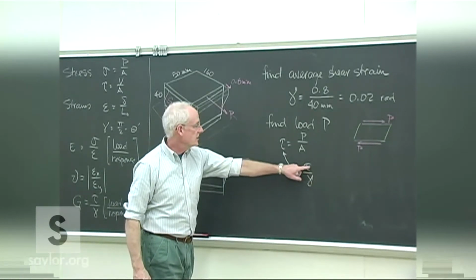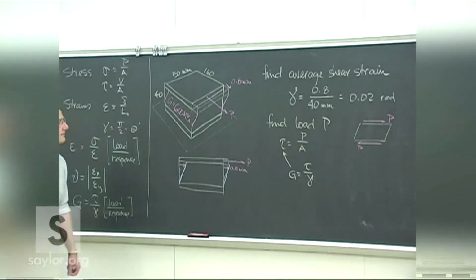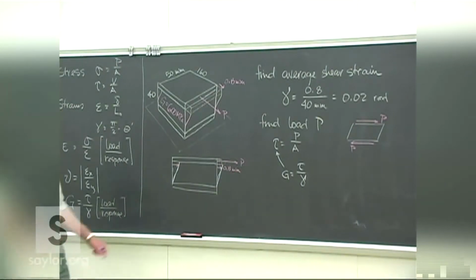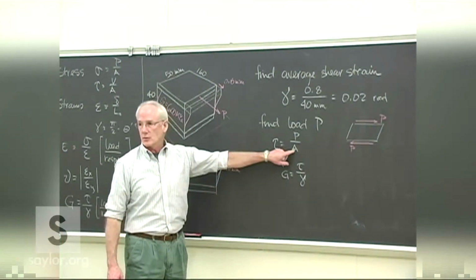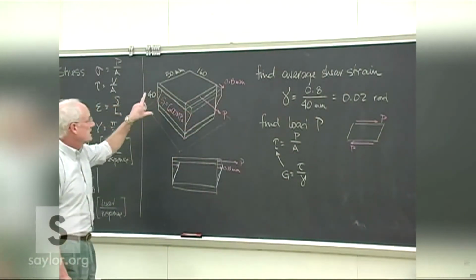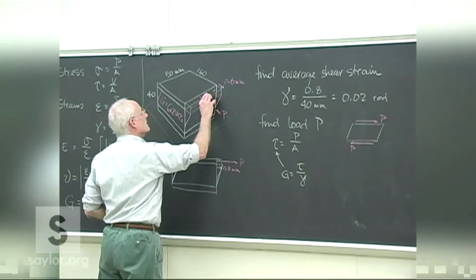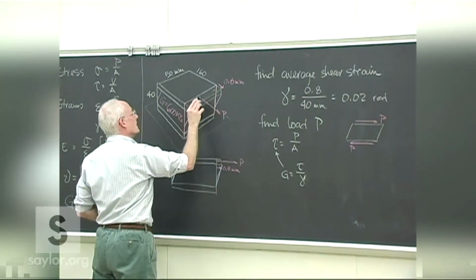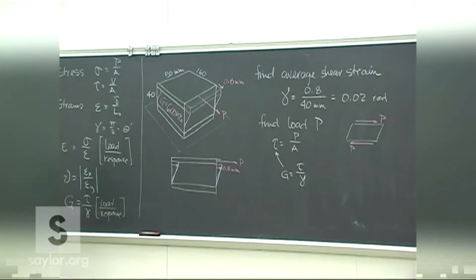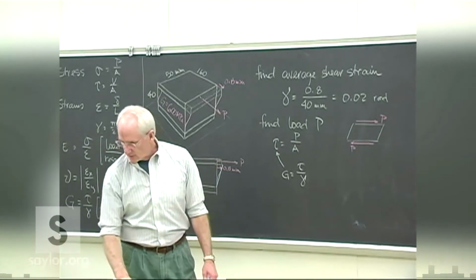We can find the shear. Once we find the shear, we can find the load. So I'd like you to do that. As much as anything, the difficulty is just making sure you've got the right area in the calculation. There's a lot of shapes and distances and numbers here. You've got to make sure you've got the right one. So that's your task for a minute or two.